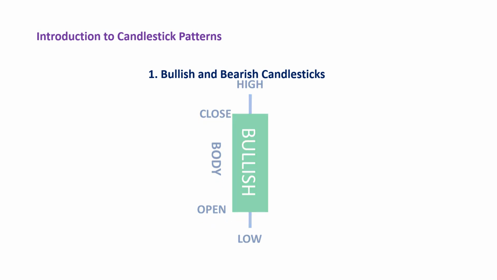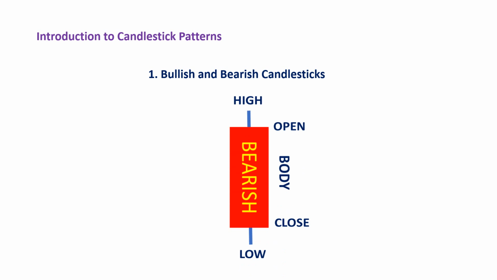Conversely, a bearish candlestick like this signifies selling pressure and suggests that the price may decrease. It usually has a higher opening price than the closing price, resulting in a filled or colored body, often black or red.